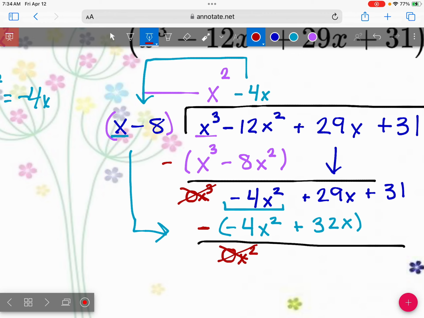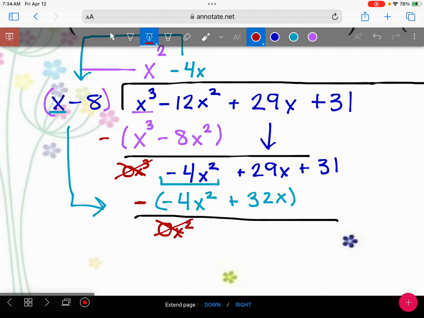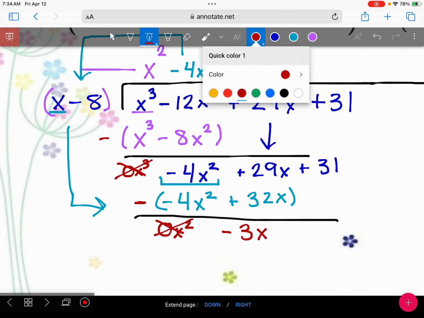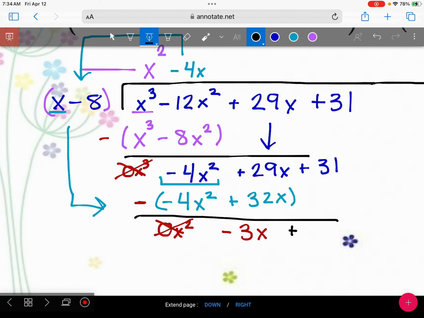This first term should always zero out. And then we have our 29x minus 32x, which is going to give us negative 3x. And then we're going to drop down our plus 31.